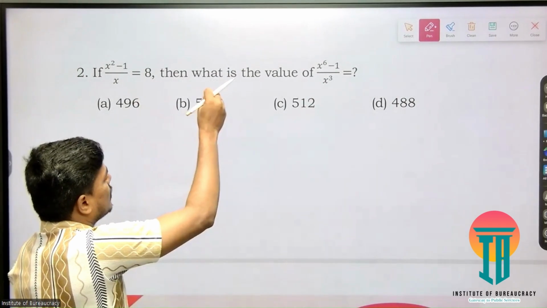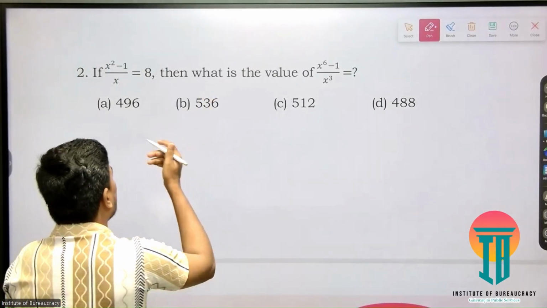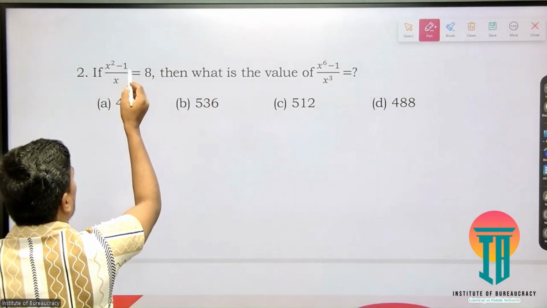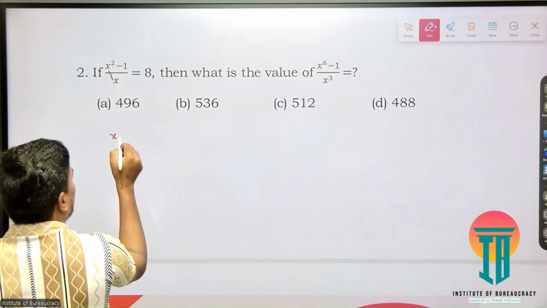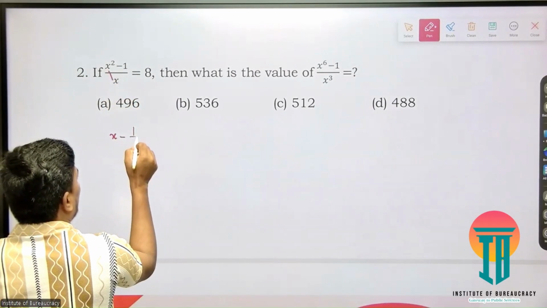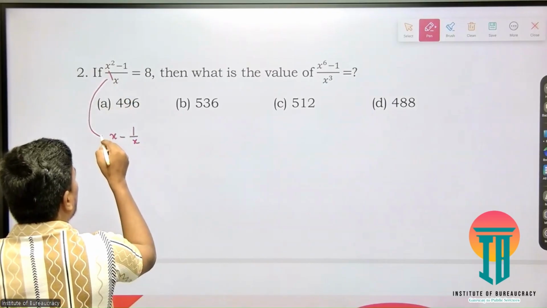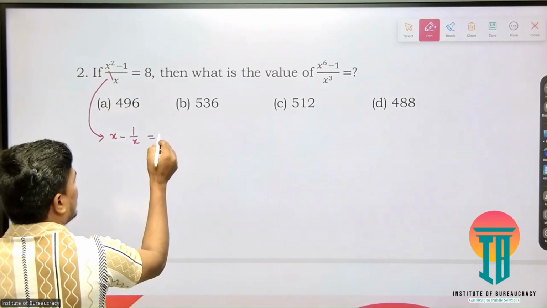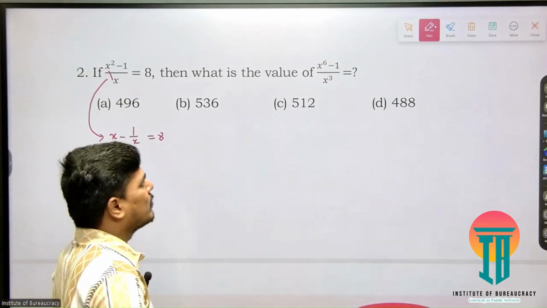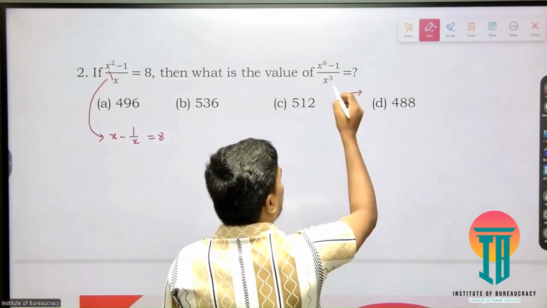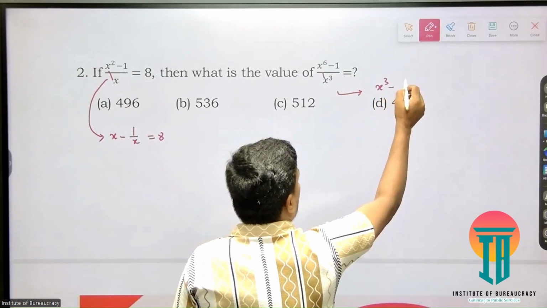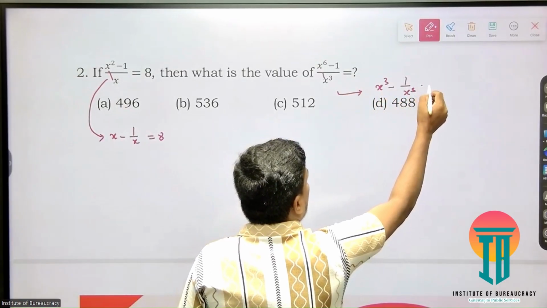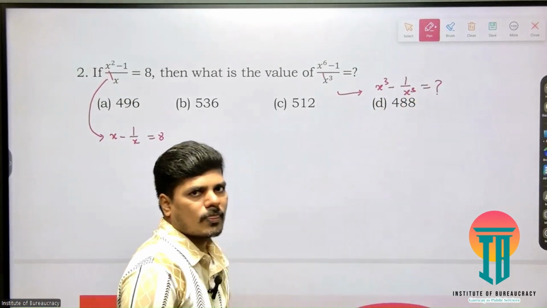This expression may look different, but if you divide x square by x individually, it's going to be x, minus 1 by x. So this can be written as x minus 1 by x is 8. Similarly, dividing by x power 3 individually, it's going to be x power 3 minus 1 by x power 3. This is what they are asking.